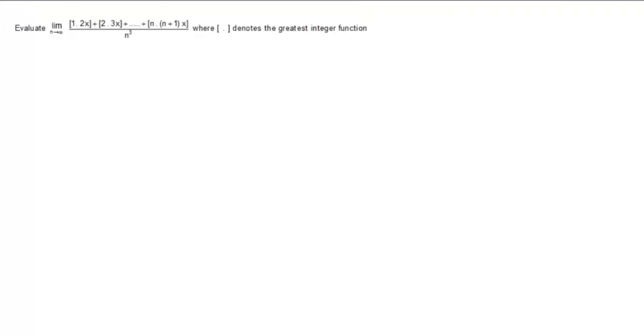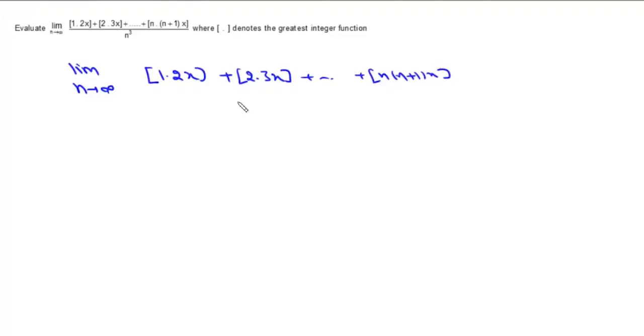Now here the question is, evaluate this limit n tends to infinite, 1 into 2x plus 2 into 3x up to n into n plus 1 x upon n cube.